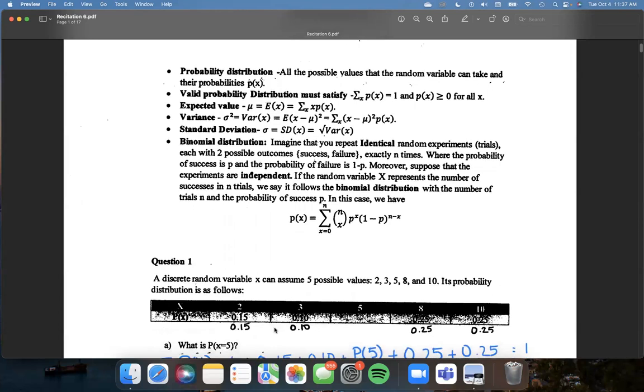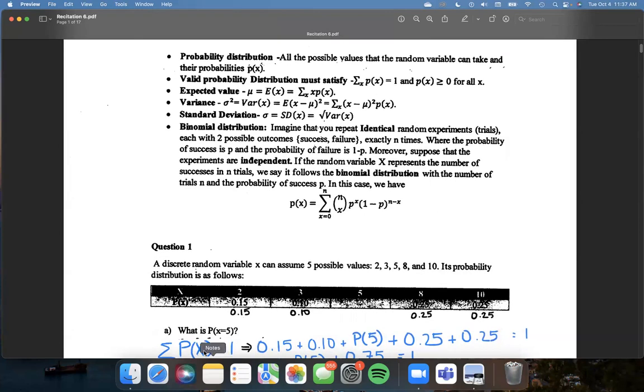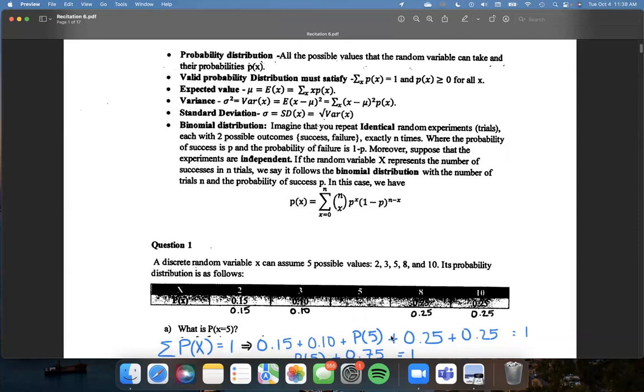So we can set up a simple algebraic equation, because we know that the sum of the probabilities should equal 1. So 0.15 plus 0.10 plus the probability of X equal 5, plus 0.25 plus 0.25 equals 1.